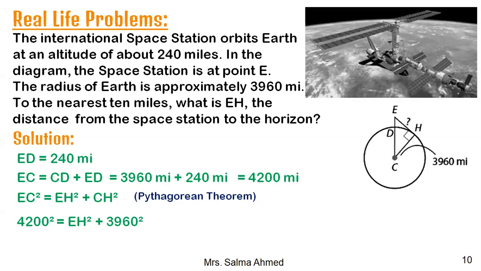Use your calculator and move it to the other side to get EH squared, which is 1,958,400. Take the square root of both sides, so EH equals 1,399. To the nearest 10 miles, the 9 pushes the 9 to 10, and the 3 moves to 4. So it will be 1,400 miles.